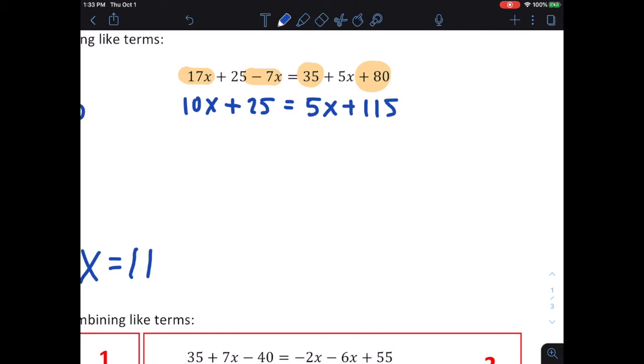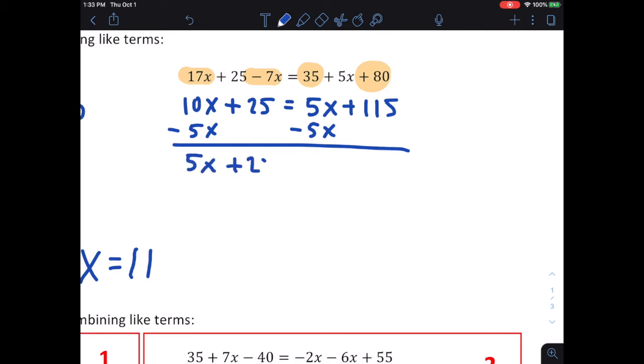And now I have variables on both sides, so I want to move the smaller one, so I'm going to subtract 5x from both sides. So 10 minus 5 is 5, so I have 5x plus 25 equals 115, because those 5x's cancel each other out.